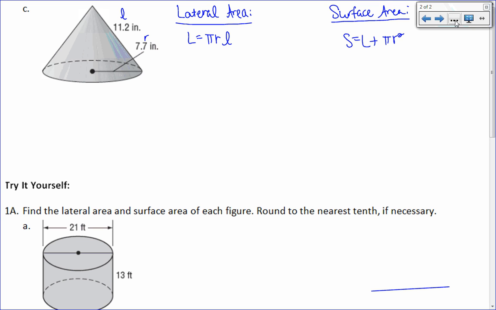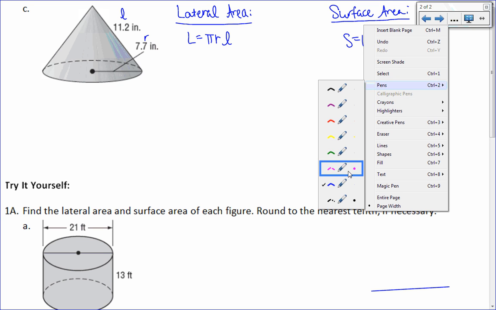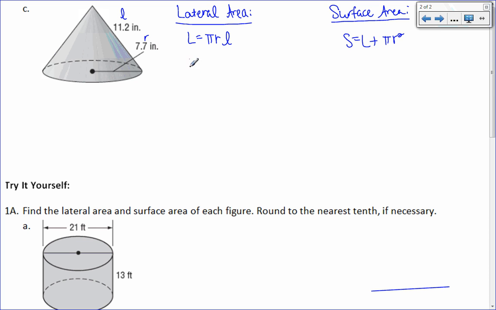So now we're ready to go ahead and start plugging numbers into this formula. So we have L equals pi times the radius, which is 7.7, times L, which is 11.2. Okay, and then pi times 7.7 times 11.2 is approximately 270.9 square inches.